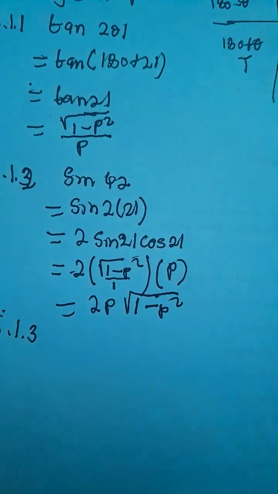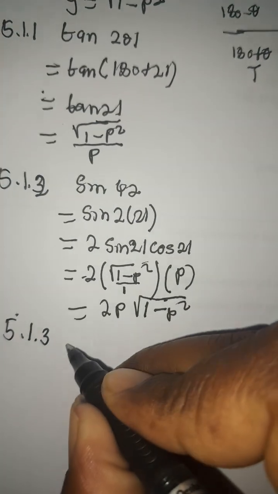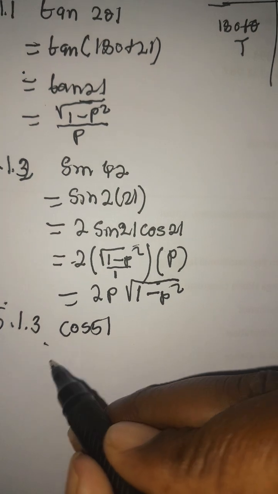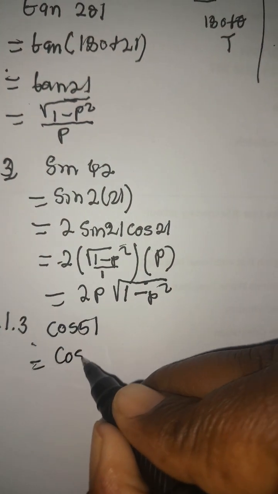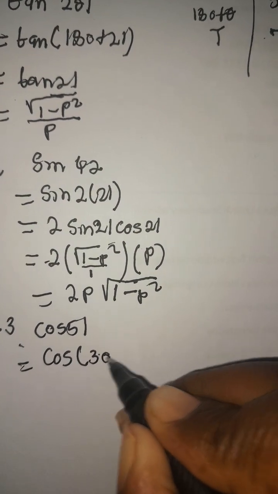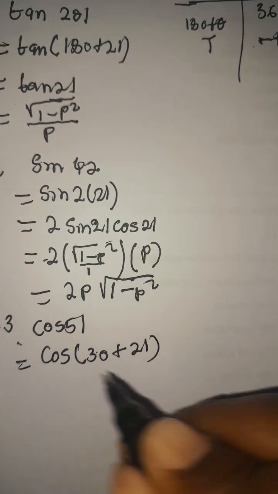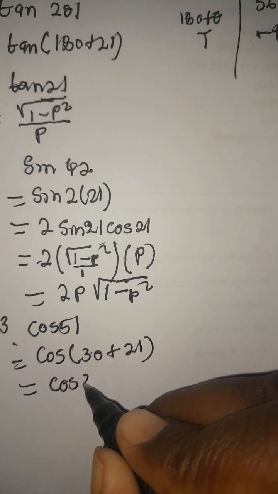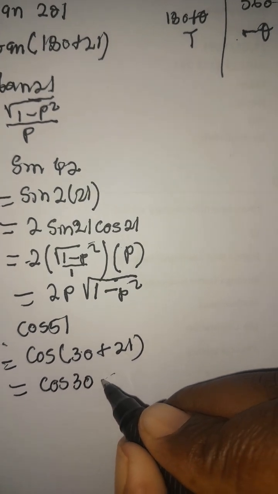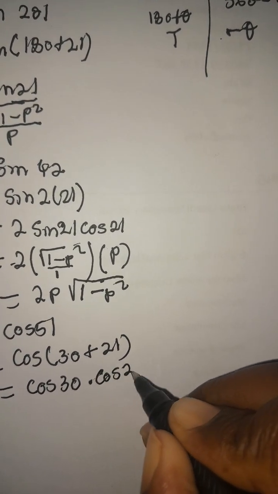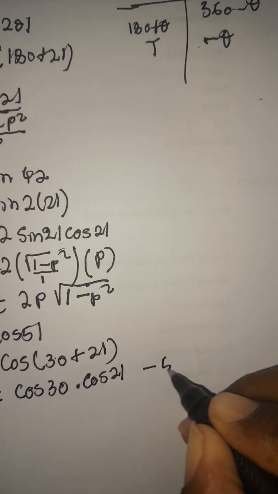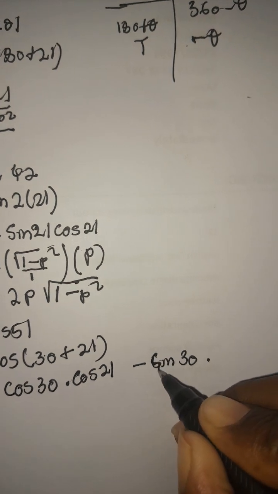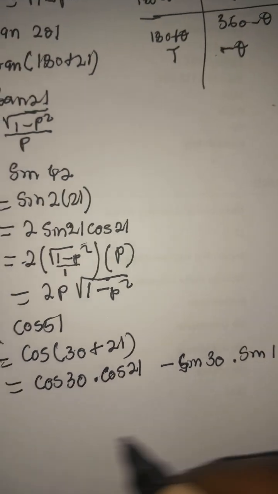So since we are looking at cos 51, guys, I said that we'll use a compound angle, which is 30 plus 21, which gives you 51. So the compound angle of cos, remember, it will be cos cos and sin sin. So it will be cos 30 and cos 21 subtracted by sin 30 multiplied by sin 21.